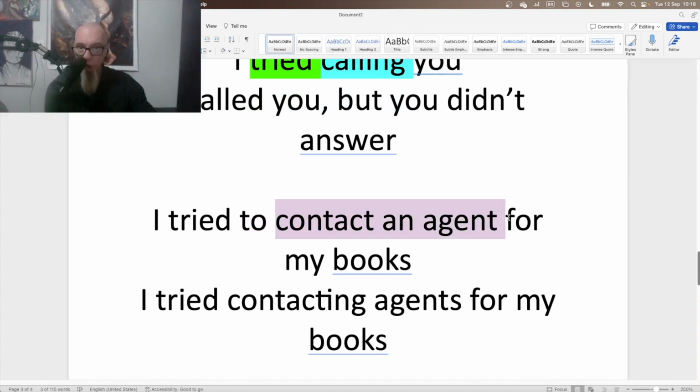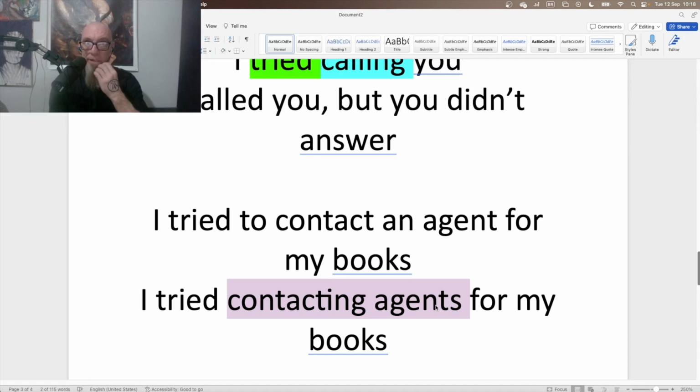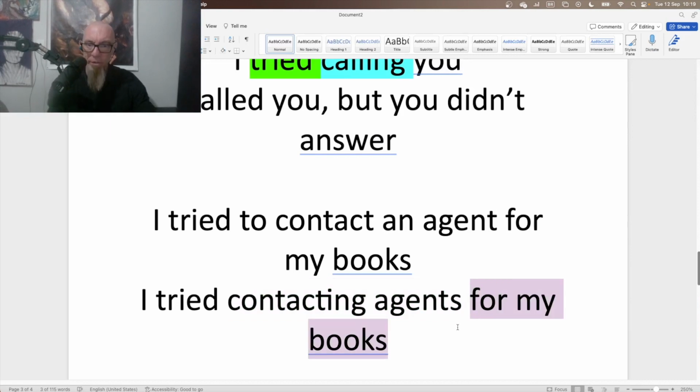So I opened my email, I gathered all the self-confidence I could muster, and then I went, I'm a piece of shit. And for whatever reason, I didn't follow through. I didn't send the email. But in this one, no, I contacted agents. So yeah, I experimented. I said, all right, fuck it, let me send out 500 emails and see if I get any bites from my stupid book. So I tried contacting agents for my books, and it didn't work. Or the people that I ended up speaking to were not the people that you ever want to speak to.